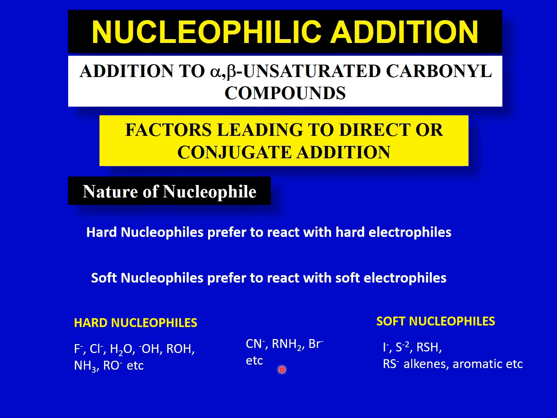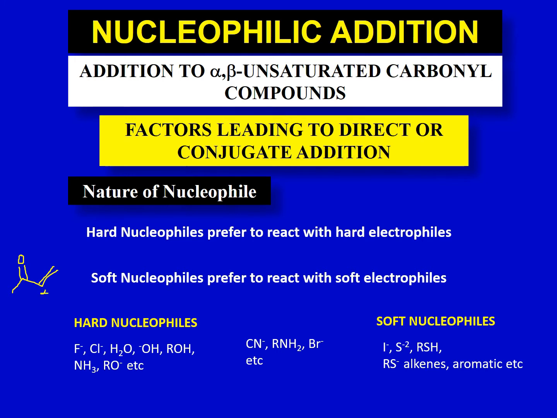The electrophile in these reactions is of course the alpha beta unsaturated system, and you already know that when we are talking about this alpha beta unsaturated molecule, we have two centers available for attack. So you have the carbonyl carbon here, which is of course electrophilic in nature, and then we have a double bond between alpha and beta carbon.